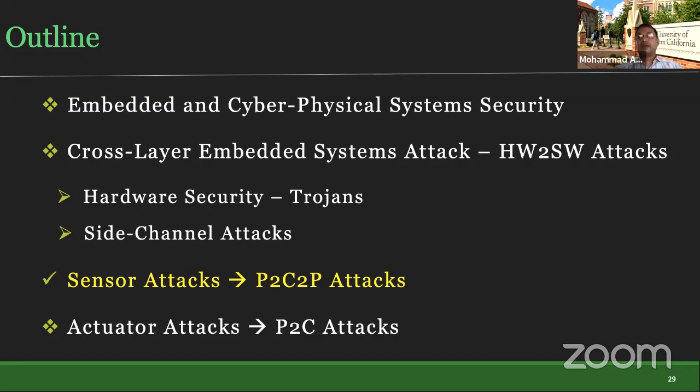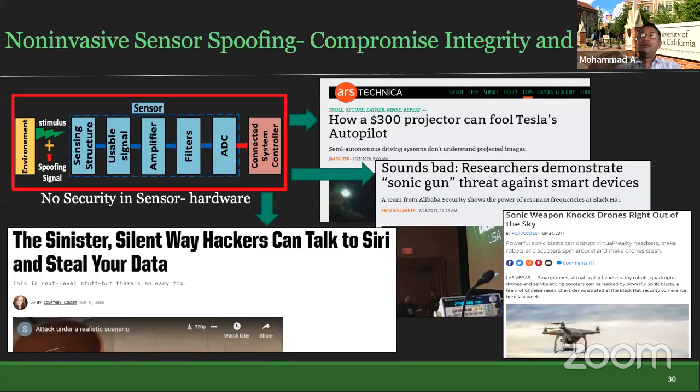Now I'm moving to cyber physical systems, because each cyber physical system has a huge dependency on sensors. And sensors are typically expected to be trustworthy. You basically have trust in the sensor.